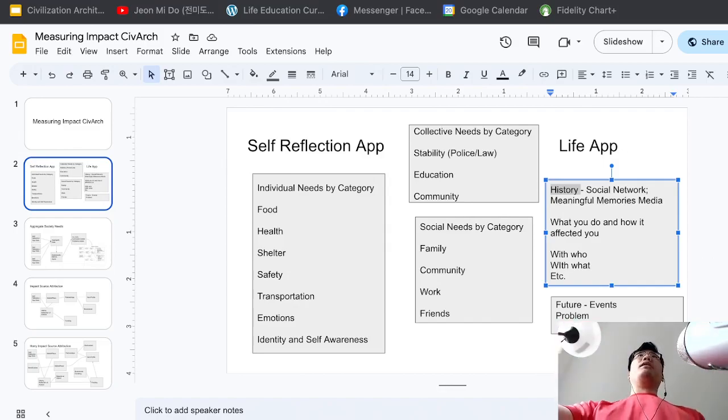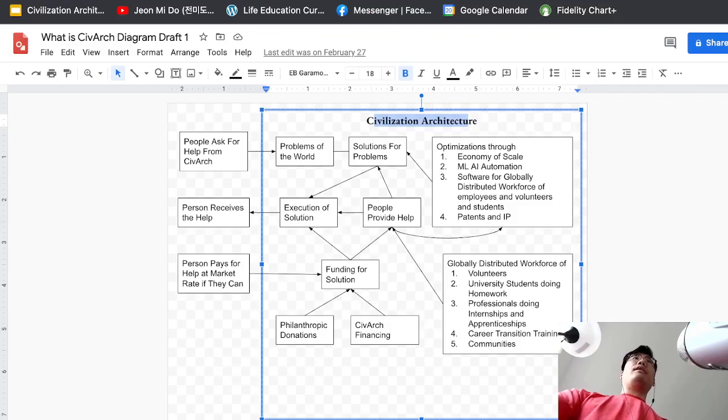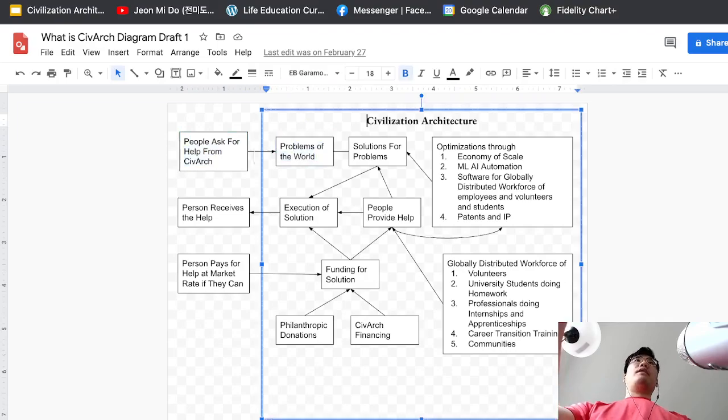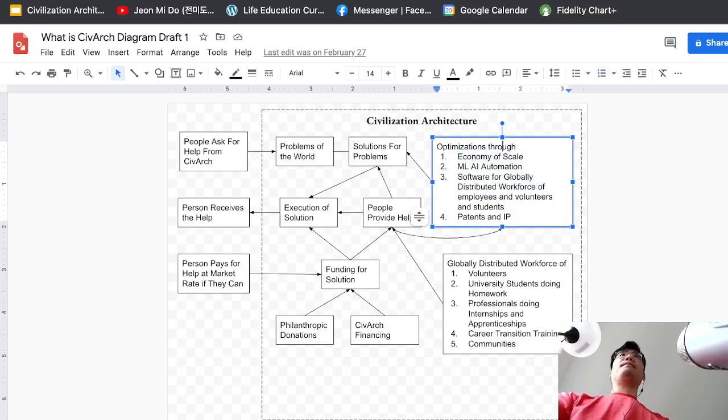And so that would be going into the Life app. And that Life app would then map into this civilization architecture, which we talked about in an earlier video, where you can request help, and as an intake of problems, civilization architecture can find solutions for the problems and optimize those solutions with economies of scale.